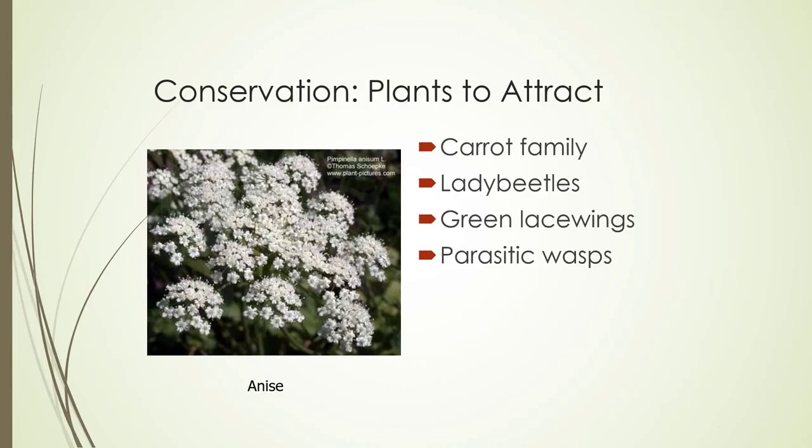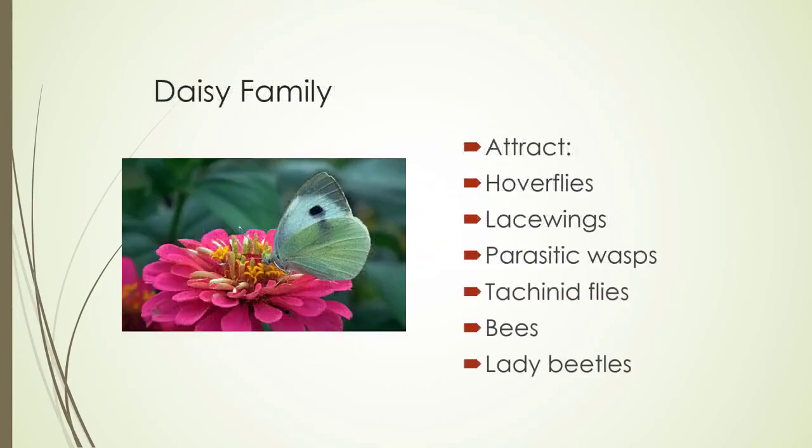So some of the plants you can grow to conserve these things, plants to attract. This is anise in the carrot family. This attracts lady beetles, green lacewings, parasitic wasps. The daisy family attracts hoverflies, lacewings, parasitic wasps, tachinid flies, bees, lady beetles.